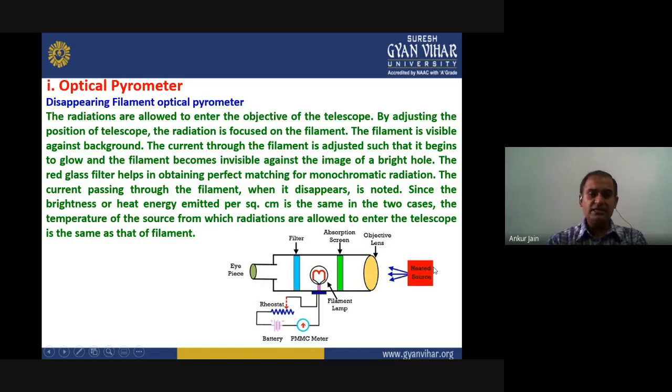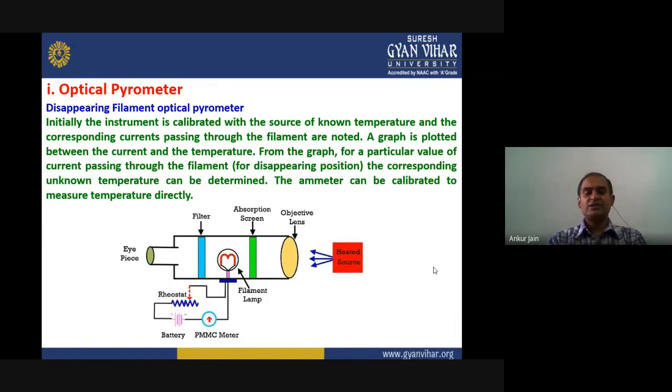For measuring an unknown source, first this instrument should be calibrated with known temperature sources. We can use some known temperature, like 100 degrees, and calibrate the instrument for the current. For each known temperature, we note down the current, and then calibrate the instrument according to that curve, so that every time we measure the current, we can directly get the temperature of the heat source from the graph.